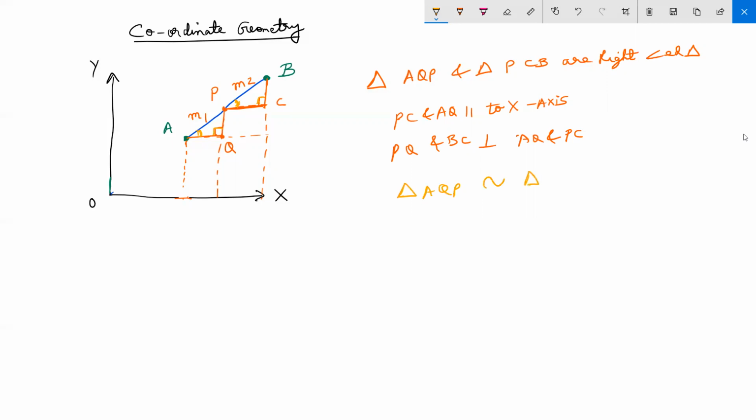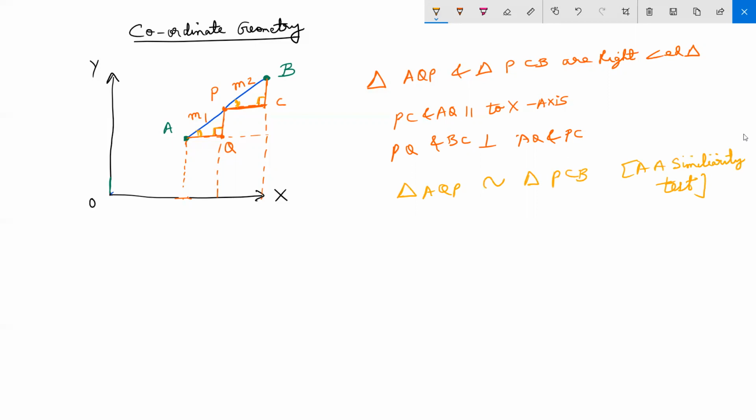Triangle AQP is similar to triangle PCB by the double angle similarity test.